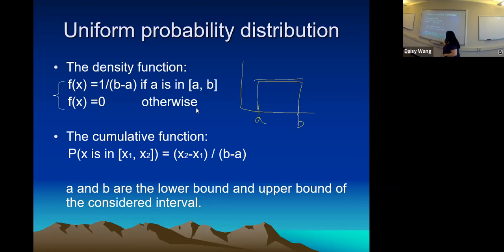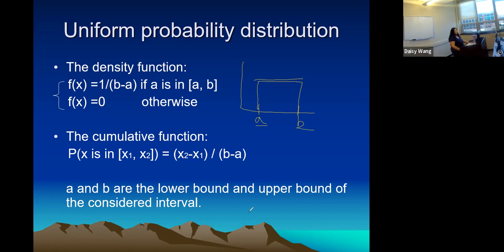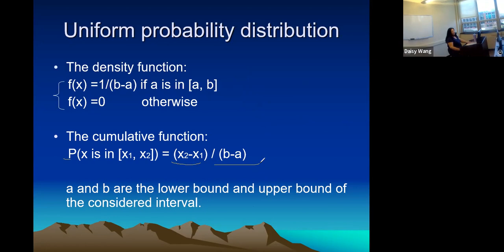So a is the lower bound and b is the upper bound. And then the probability is (x2 minus x1) divided by (b minus a). Let me give you examples. I think it's easier to use examples.